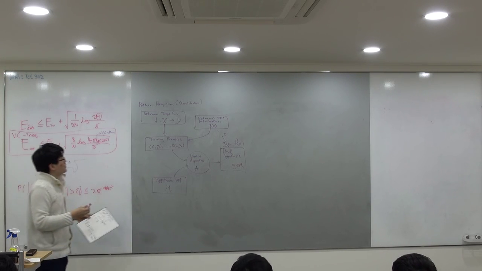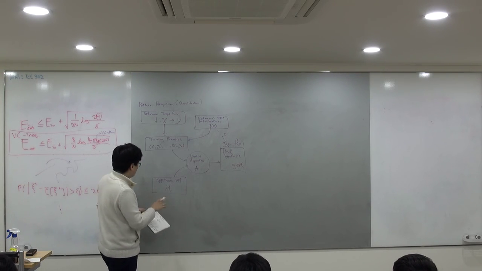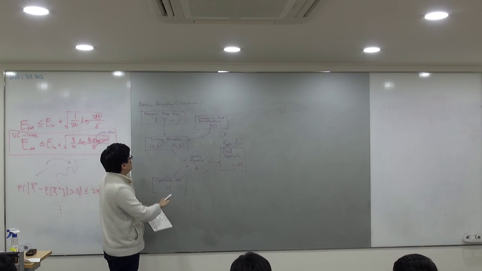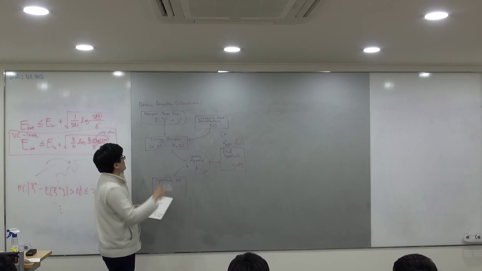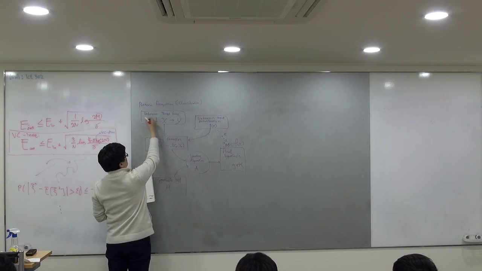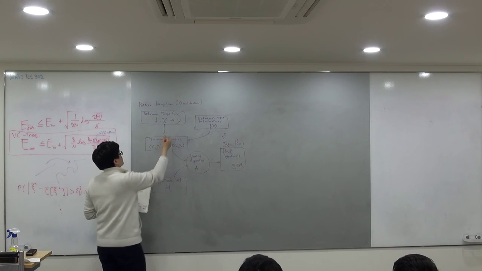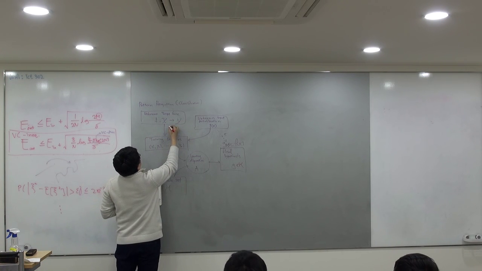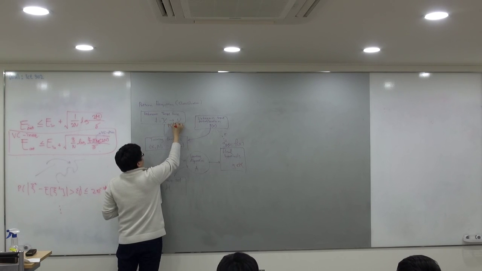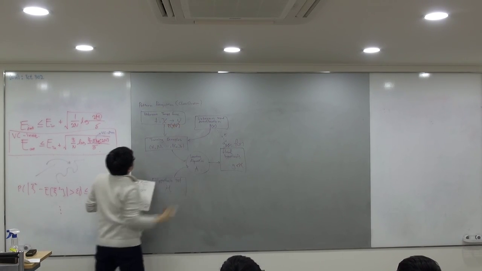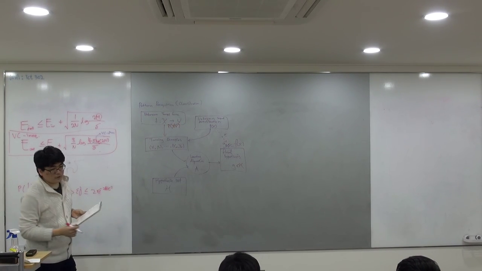So in the second part, I'm going to consider a more general case where this f is not a deterministic function, but a probabilistic function. So you have some sort of model, which is also unknown.